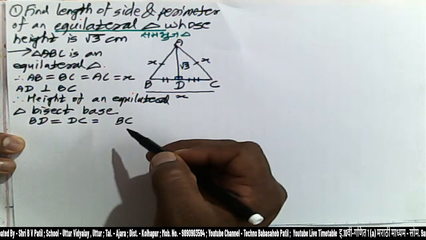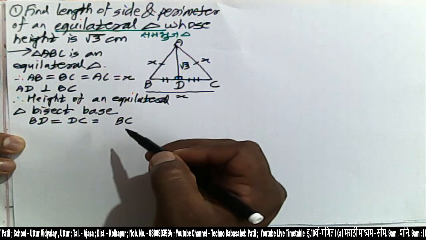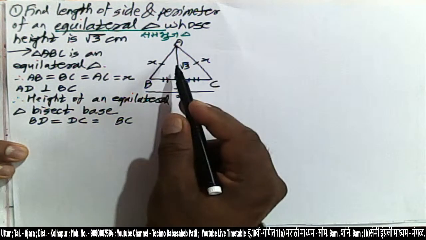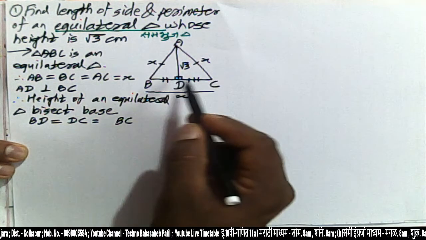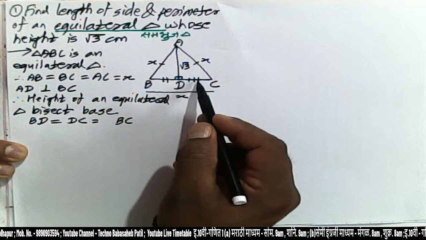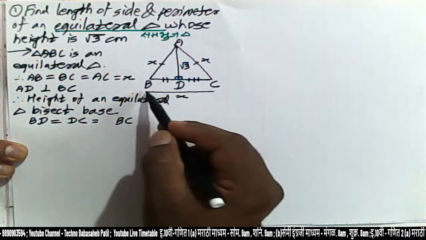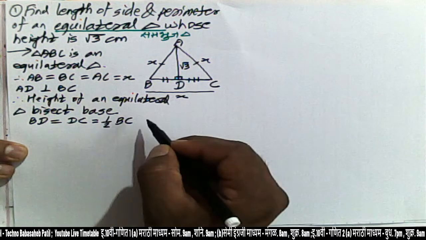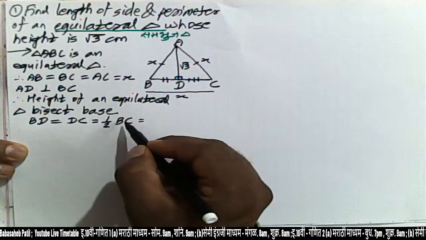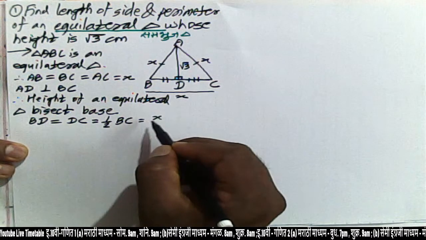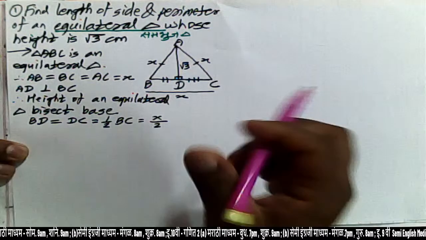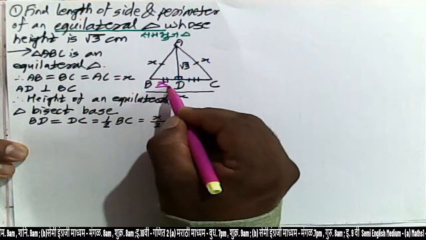Height bisects the base means two parts are similar and both parts are half of the big part. Value of BC is x divided by 2. Here we get x upon 2.